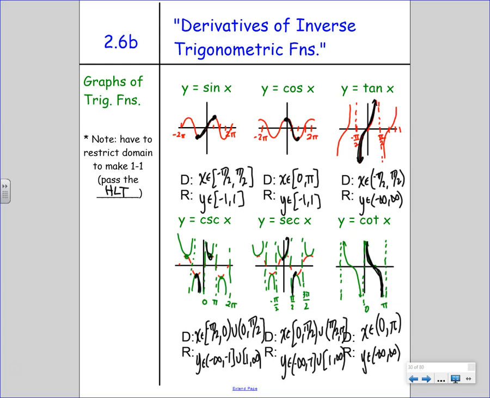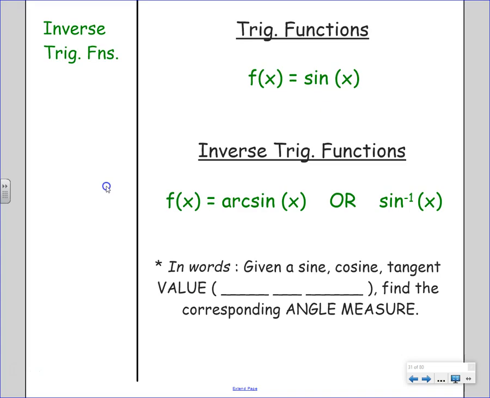Now, the other pre-cal review. Go ahead and skip however much space you need. You can look online or on the video. Copy down any more detail that you need. Remember what's going on. If we have a normal trig function, you put in an angle, for example pi over 6.